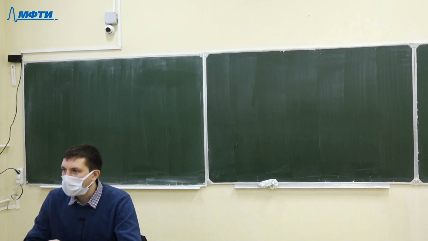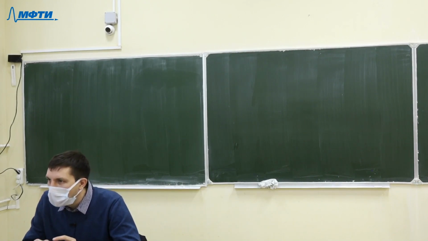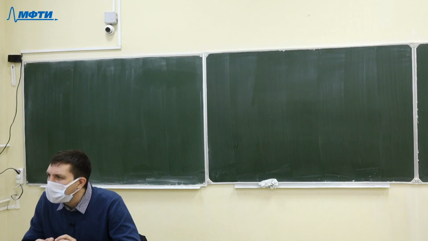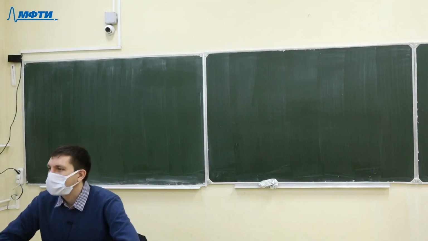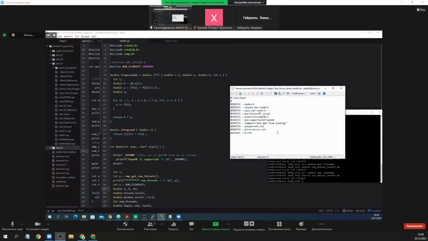Yes, now I can see your screen. Okay. So here is my Slurm script. I have 4 threads in one node. And here, please. You want to launch an OpenMP program?